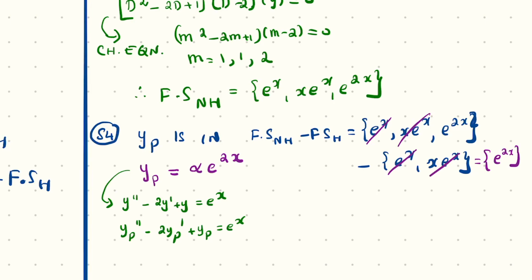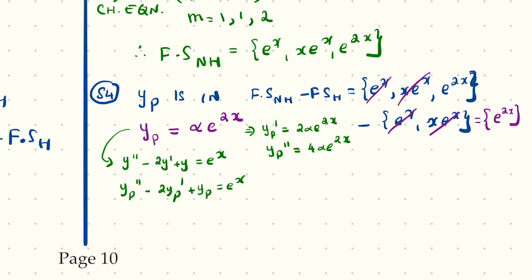We already have the yp, so if I find the derivative, it's a nice function. This tells me my yp prime would be 2 alpha e to the 2x, and yp double prime would be 4 alpha e to the 2x.